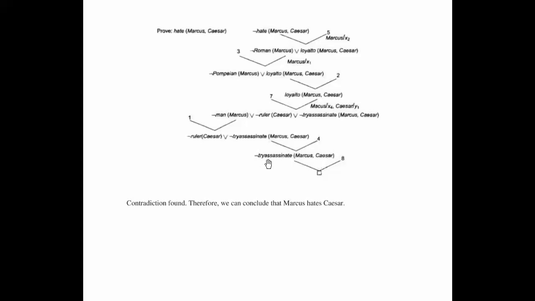The negation will be converted into A. Marcus try-assassinate implies, sorry, these things will be converted into implication, and we conclude that Marcus hates Caesar. So contradicting terms will be cancelled, and we can prove our statement that Marcus hates Caesar.